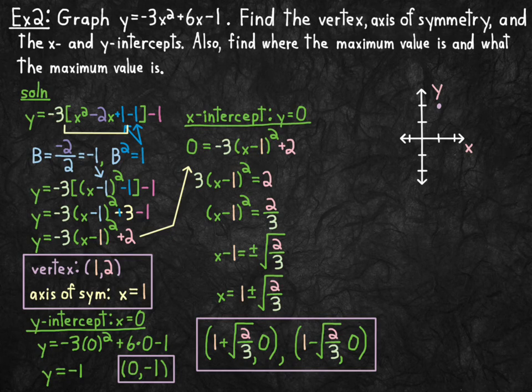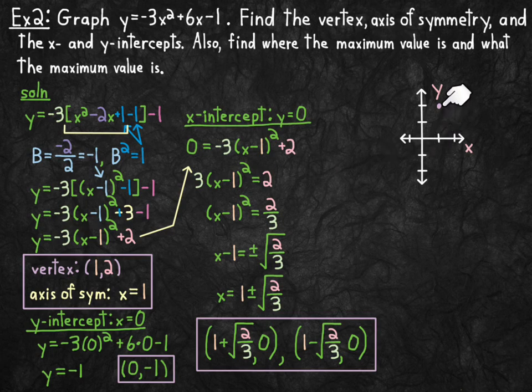Now, my special points I could use, or I could use the x-intercepts. I would probably use the special points, go over 1 and down 3, because there's a leading coefficient of negative 3. And you can read that from here or here, but notice it's the same.